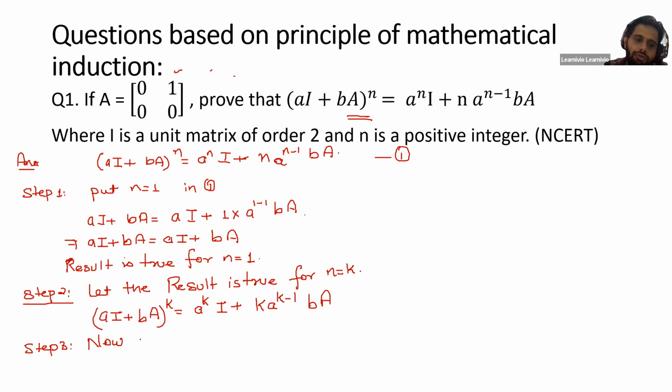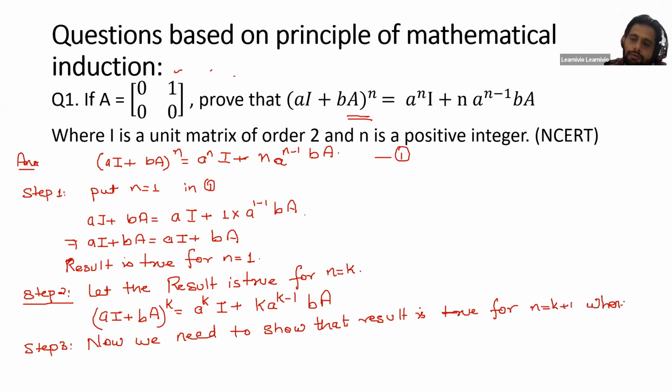Now we need to show that the result is true for n is equal to k plus 1 whenever it is true for n is equal to k.